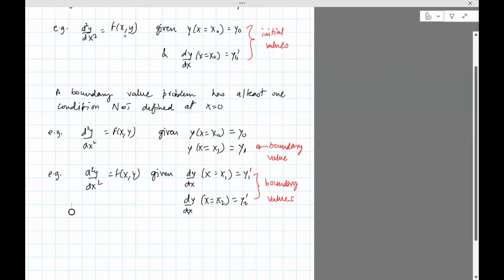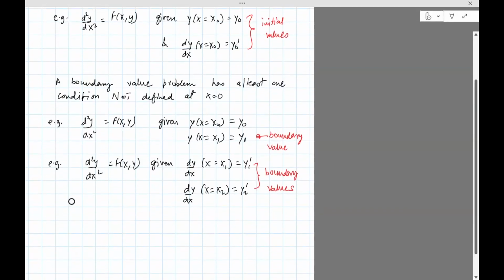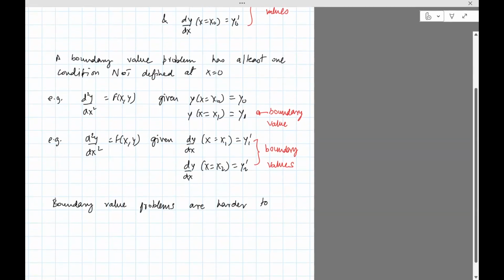Now, these boundary value problems are typically harder to solve than initial value problems.